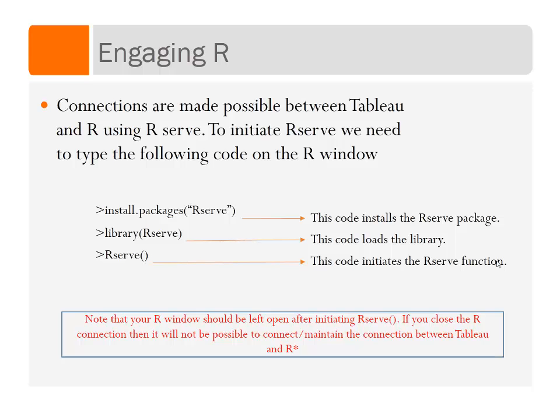When we say library(Rserve), that loads the library into R for you. And then we engage the function Rserve(), and we might put a number of different data sets or factors in there. But when we run Rserve, basically that's engaging the R package to be used.